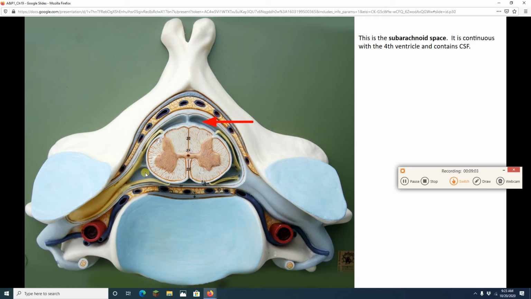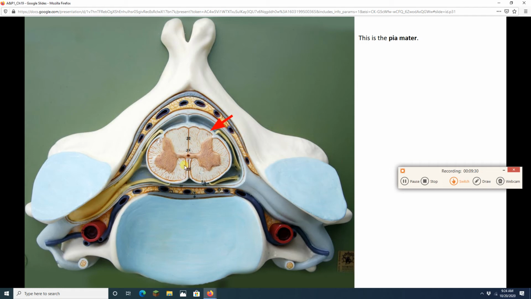It is going to be continuous with the fourth ventricle, and it's going to contain CSF. So it eventually connects to the fourth ventricle. Remember how the fourth ventricle had those holes in it? Deep to that, on the outer surface of the cord itself, is the pia mater.